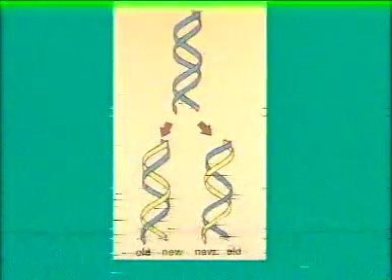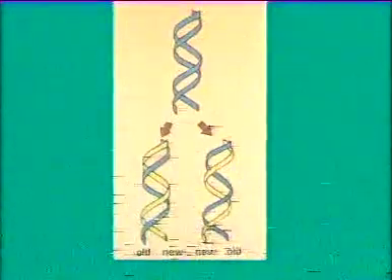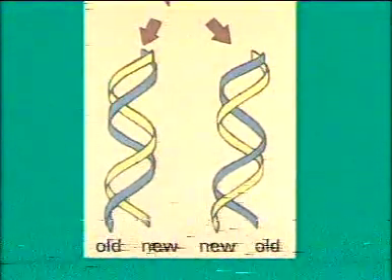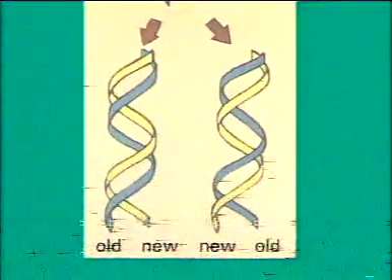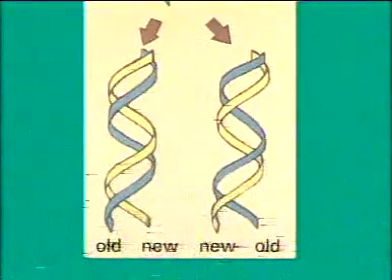In this way, 2 daughter molecules of DNA are produced from one DNA molecule. In each daughter DNA molecule, one strand is the original and the other is the newly formed strand. This means that DNA replication is said to be semi-conservative.